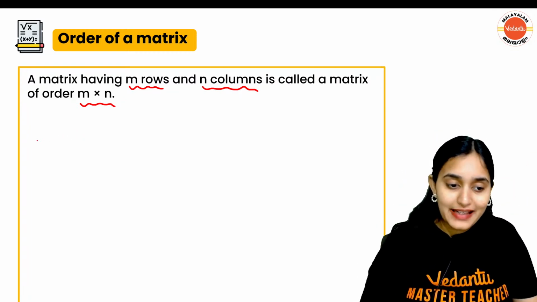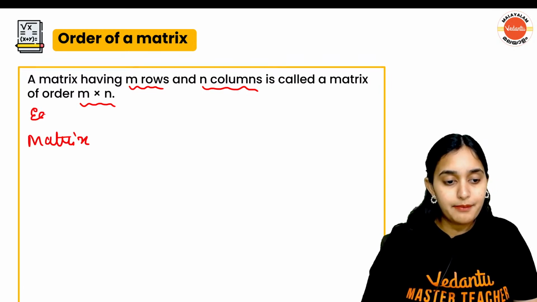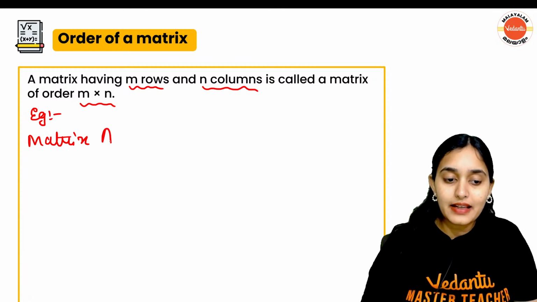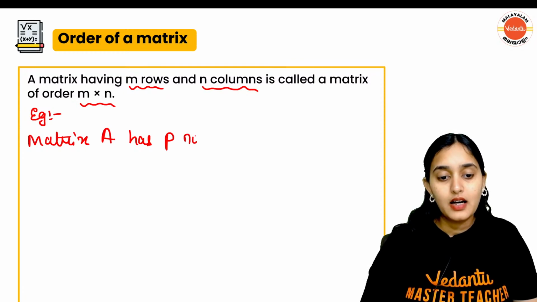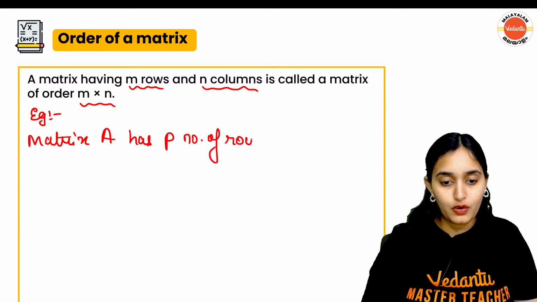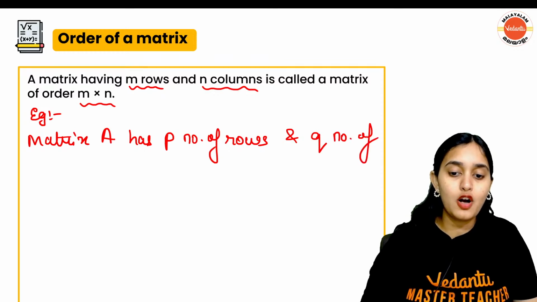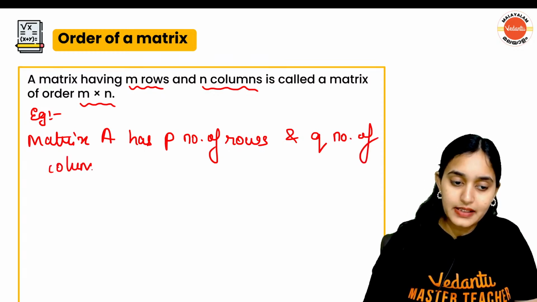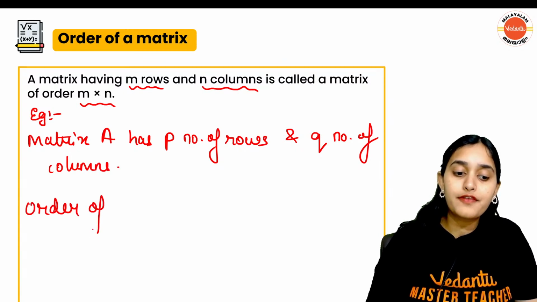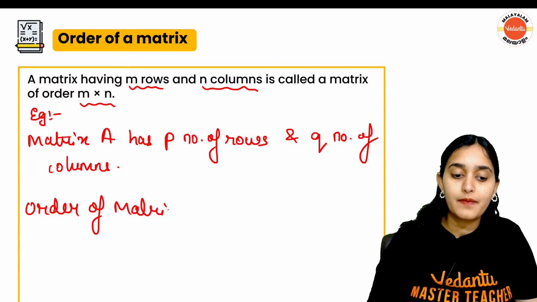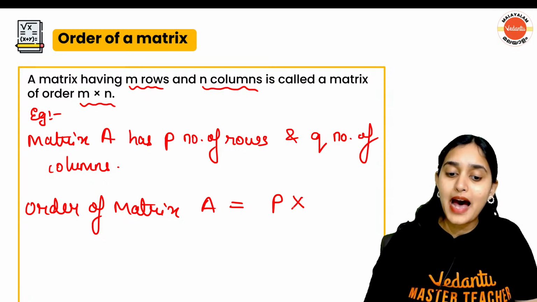See, for example, if matrix A has P number of rows and Q number of columns, then basically order of matrix A is equal to P by Q.